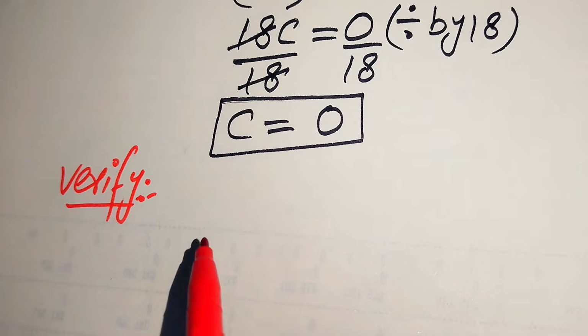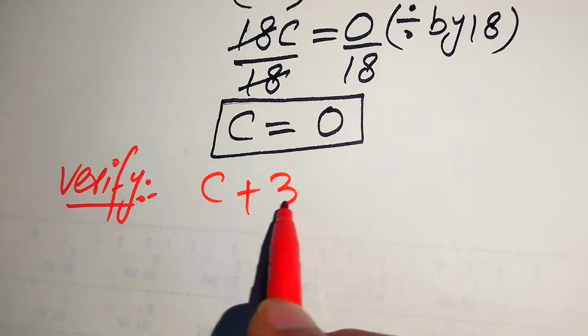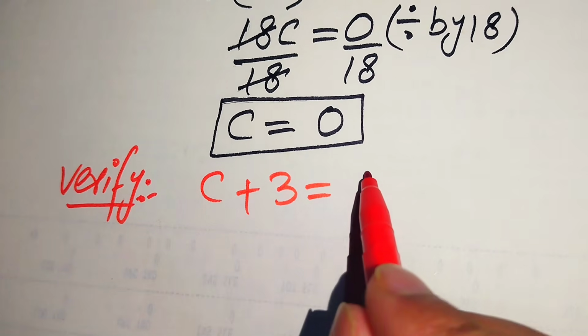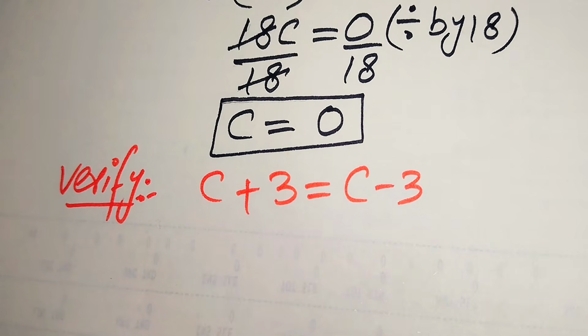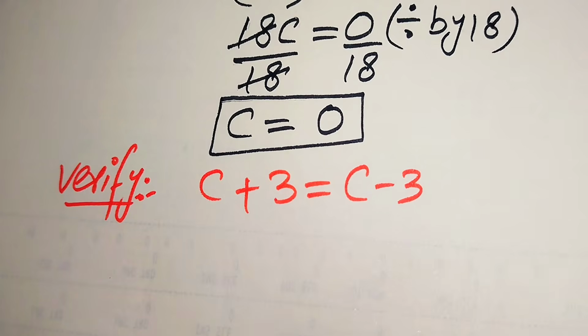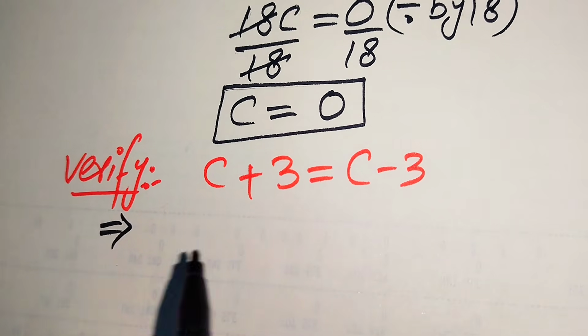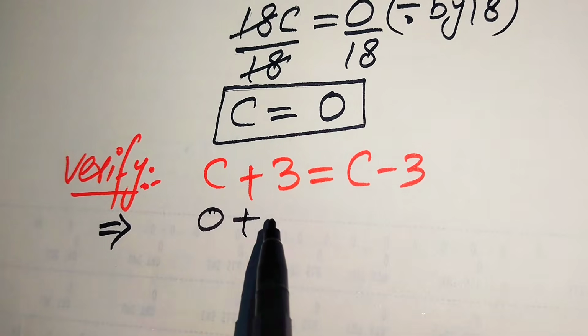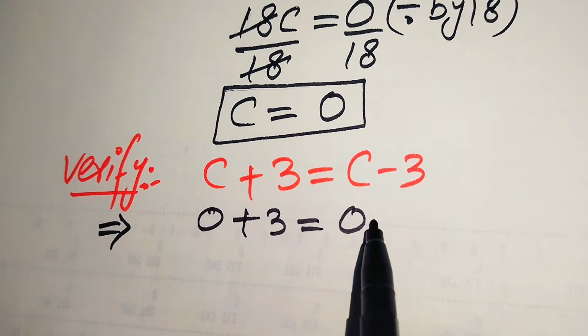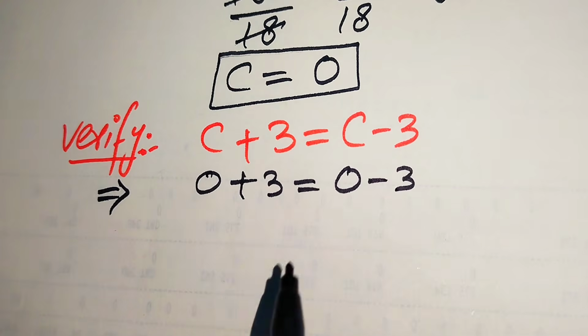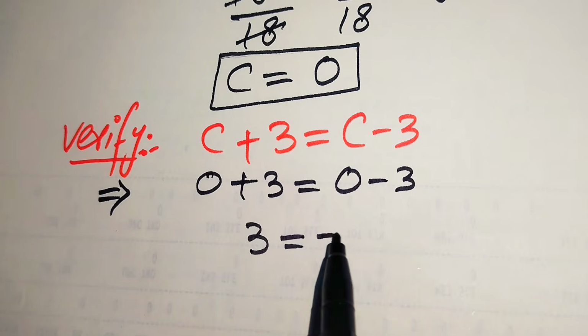For verification of this value we need to copy down the given question statement: c plus 3 is equal to c minus 3. We substitute this value of c on both sides, and it will be written as 0 plus 3 is equal to 0 minus 3, and here we get 3 is equal to minus 3.